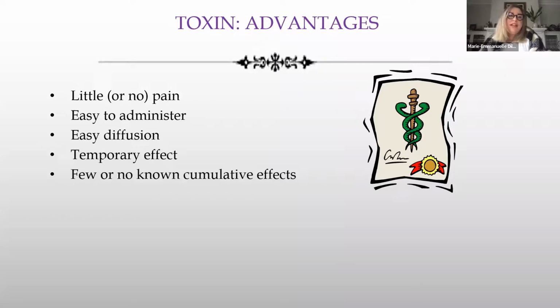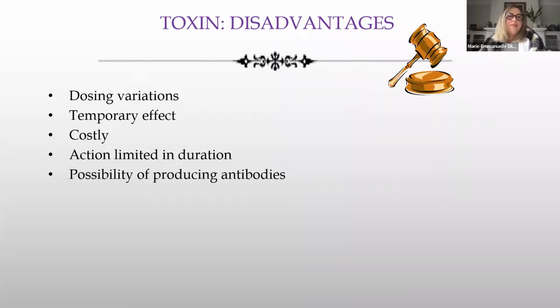So if you don't get a good effect from the injections, at least you know it's going to go away. You can vary the doses depending on how much you want to weaken the muscle. One disadvantage is that it's very costly. One bottle costs about $400, and often we need two at least, or maybe three.